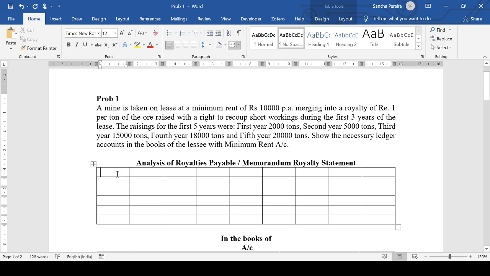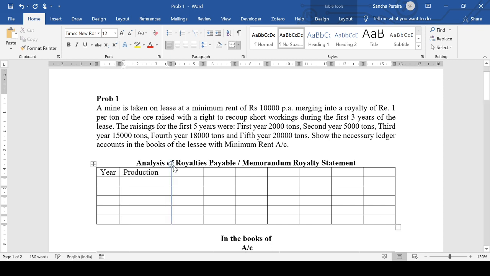So we are going to have a number of columns here. The first column is the year. The second column will be the total raisings, or we call it the total production, or you can call it the total output. Those tons, whatever is mentioned, that's going to be the production. Then we are going to have royalty.